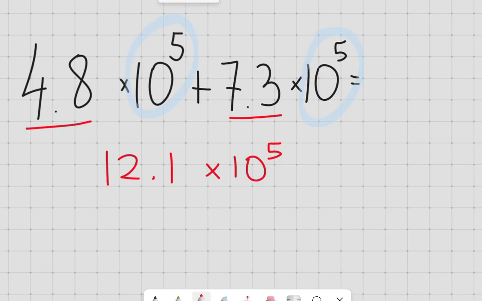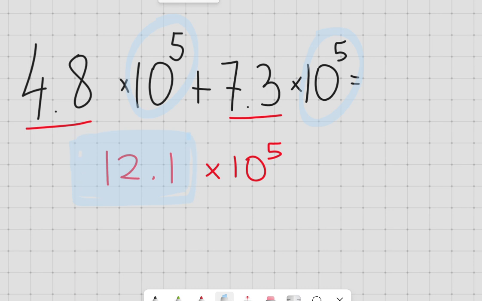Good. This is correct. But we have to make sure that our answer is also in scientific form. Is it? Do we see any problem over here? Oh yeah, we do. We learned that in order for a number to be in scientific form, we need this number to be between 1 and 10.